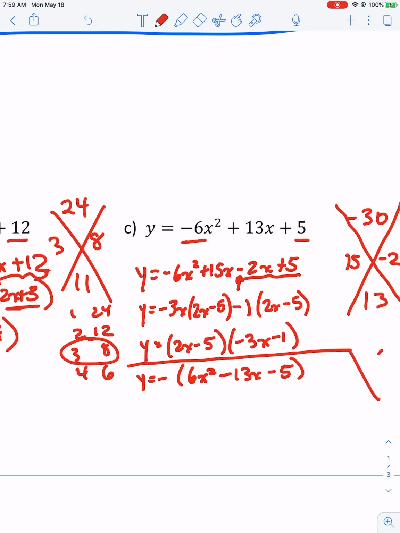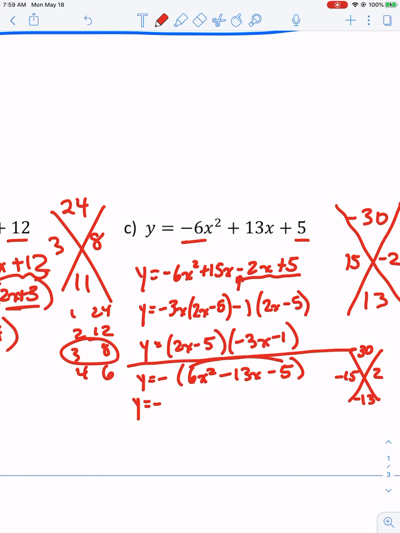So now when you do your x game, they multiply to give you negative 30, and add to give you negative 13. So 6 and minus 5 is negative 30. And so then it's going to be the same numbers as top, except it's going to be minus 15 and positive 2. So same value, but different sign.